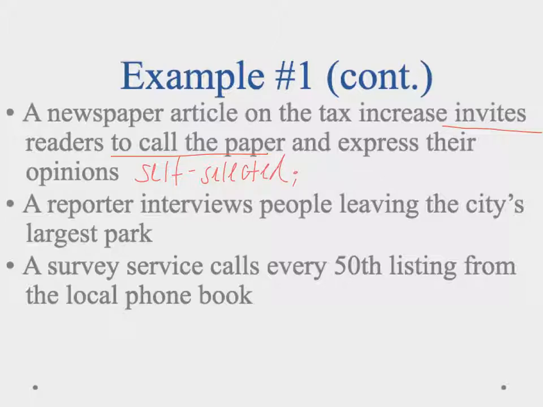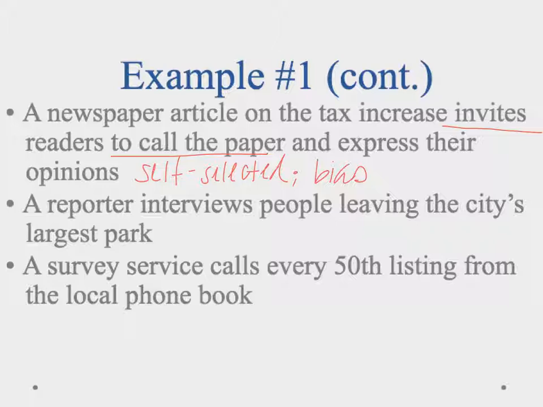And most likely there is some sort of bias because normally only people who have a strong opinion about something will actually call. It depends on if those people who call actually have the same views as far as a tax increase or without it.